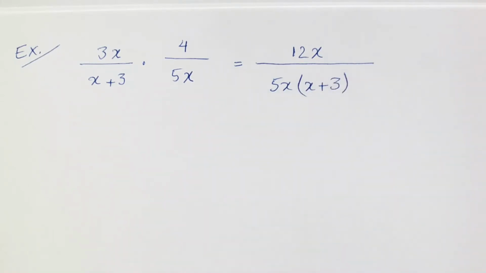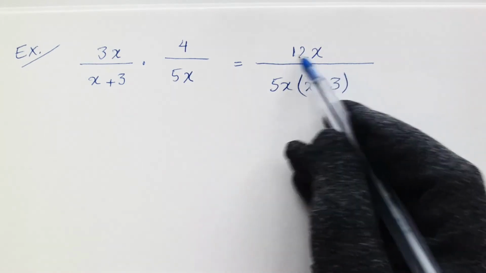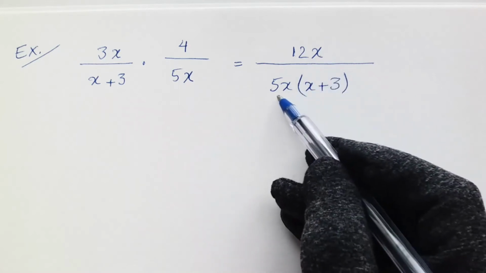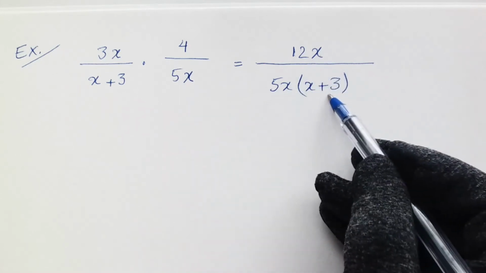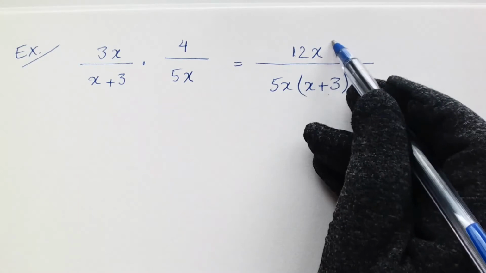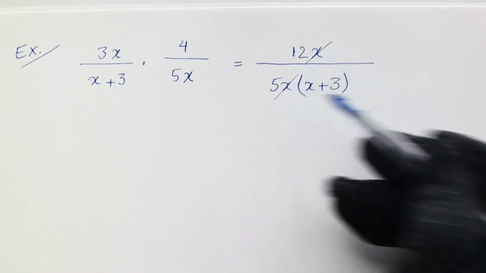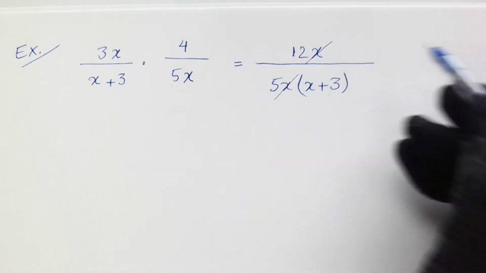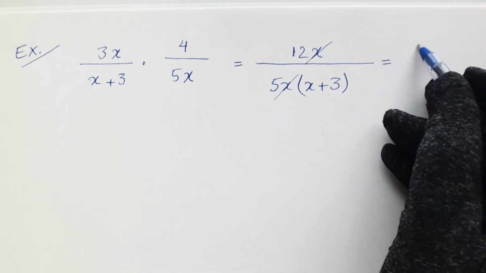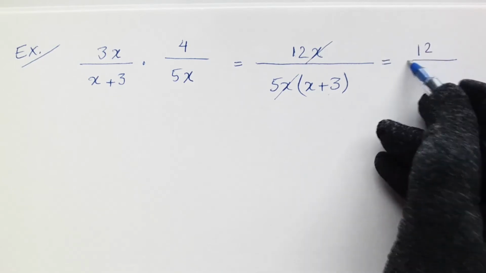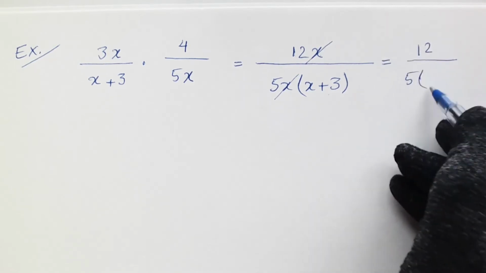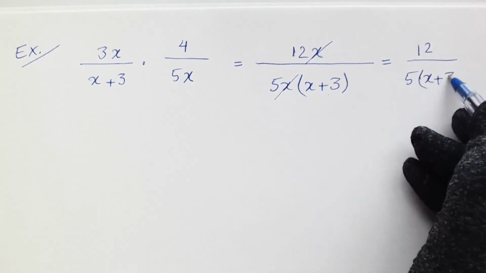Remember, you must always simplify your answer. In this form, on the top we have 12x, and the denominator is 5 times x plus 3. Here x is one of the factors that we can simplify or cancel.